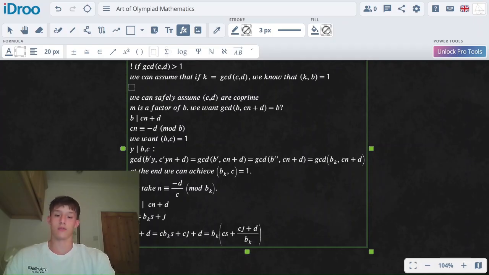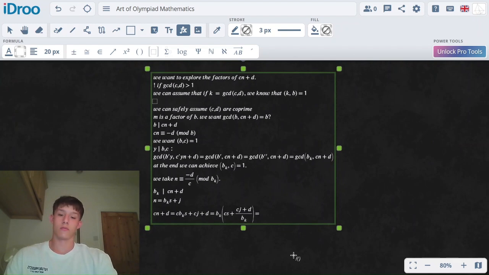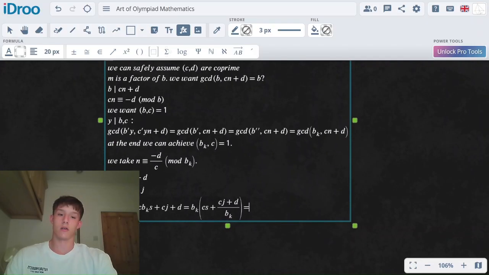Note that first of all, (Cj plus d) over bk is a constant, so we get bk times that, and we want this not to be divisible by anything more that's coprime with the first original b. If we look at Cs plus (Cj plus d) over bk, we note that we can choose any s of our choice.